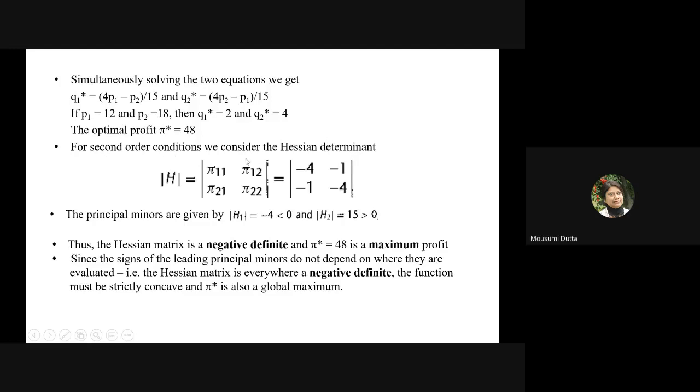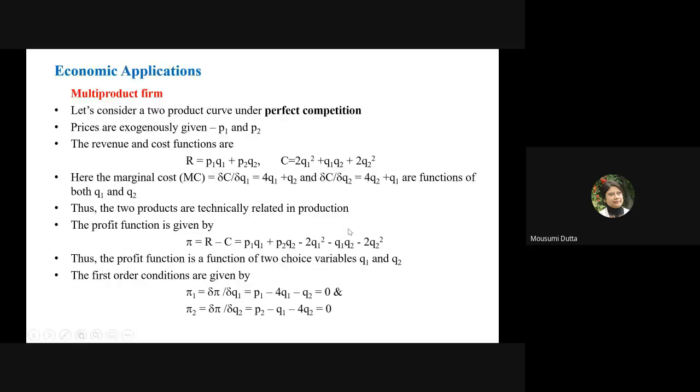For the second order condition, we consider the Hessian determinant. To conclude about the Hessian determinants, we need to find pi 1,1, pi 1,2, pi 2,1 and pi 2,2. Now by Young's rule, pi 1,2 will be exactly equal to pi 2,1.